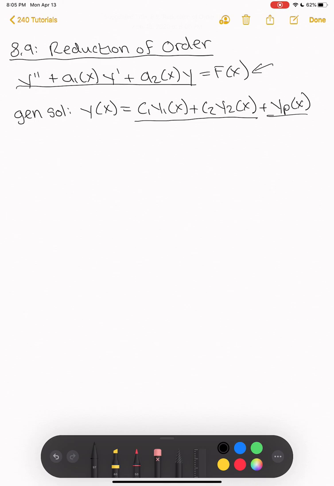So the question is, if I give you just one of them, if I pick a y1 which solves the homogeneous differential equation, can you tell me all the other solutions?